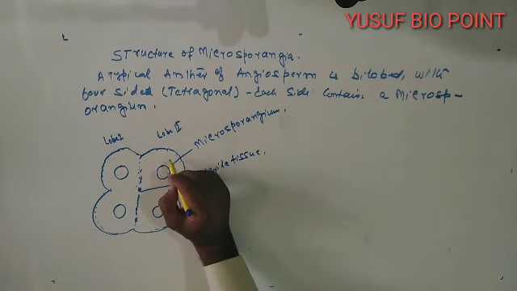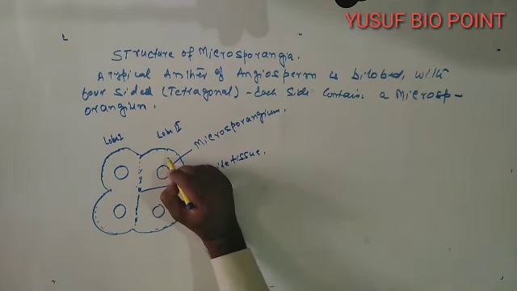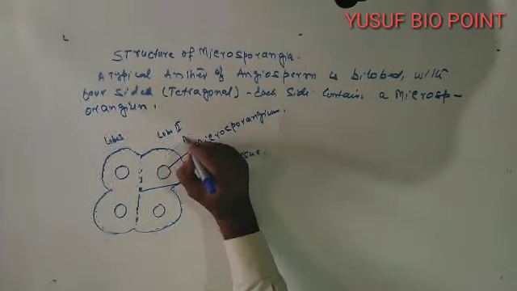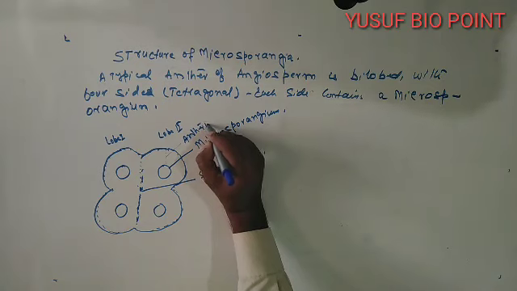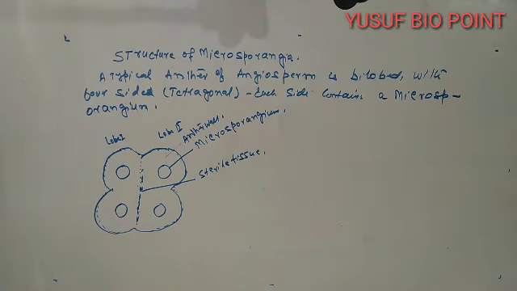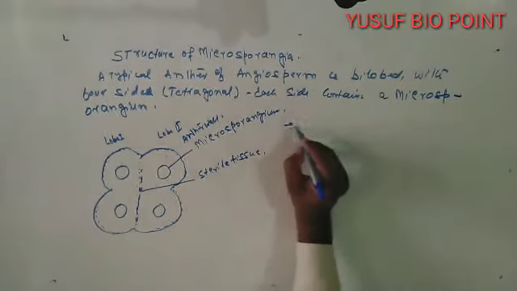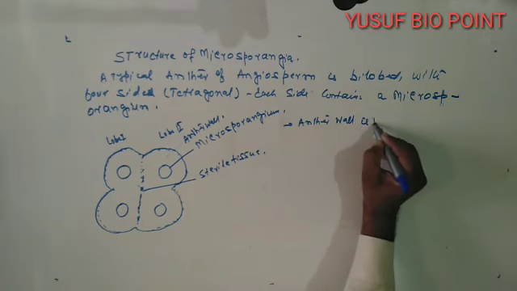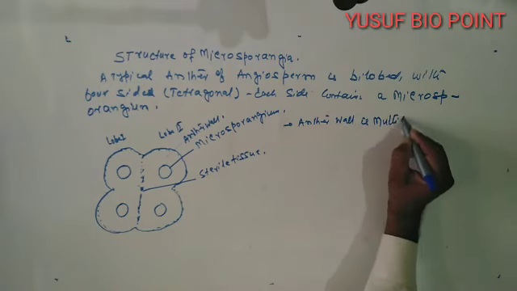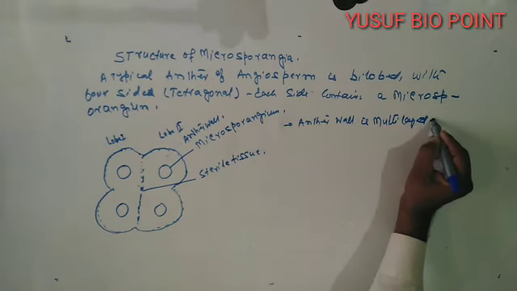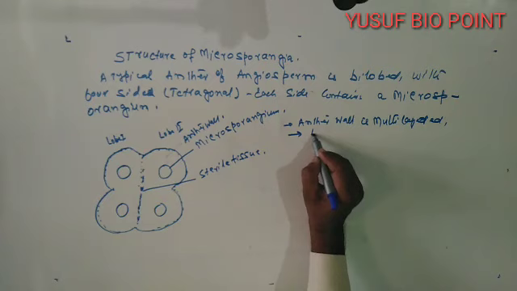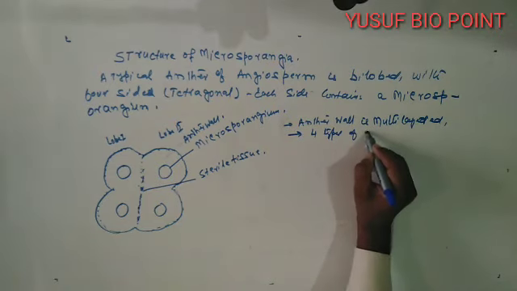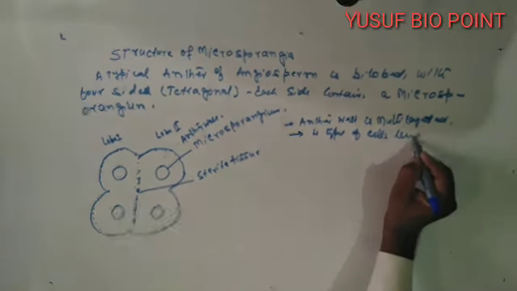This is anther wall. It is composed of, means from here to here, it is anther wall, and this anther wall is multi-layered and contain four types of cells lining.